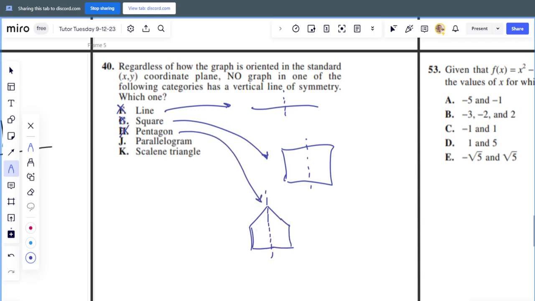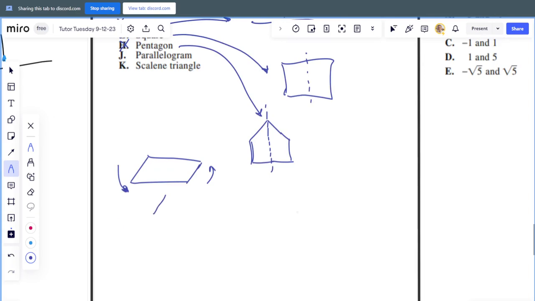Parallelogram. Parallelogram is hard, right? Usually you draw parallelograms like this, and in that case there's no vertical line of symmetry. But what if I rotated this and then I got this? Ooh, okay, that's tough to draw. We want this point right here to coincide with this one, and this one.